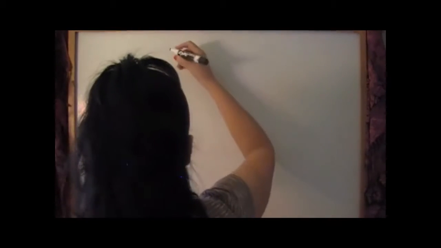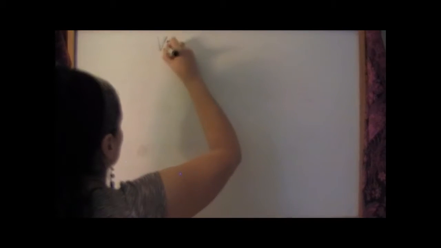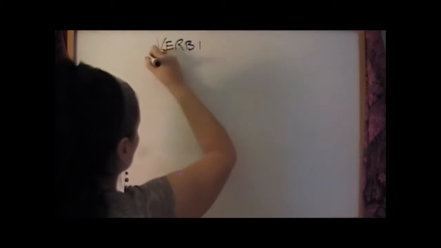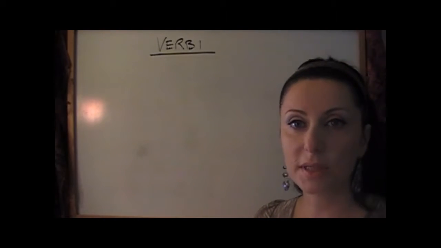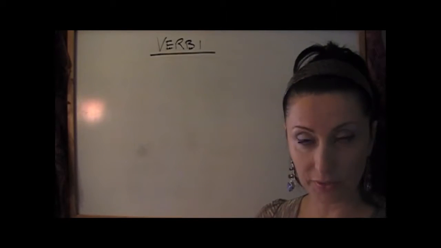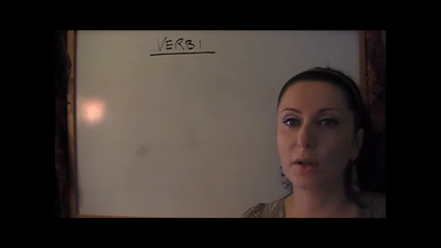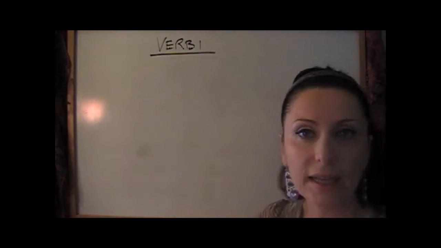Okay, in Italian let's write: verbs, introduction. In Italian, all the verbs are divided into three big groups. The verbs in the infinitive form are when you say to eat, to drink, to sleep.